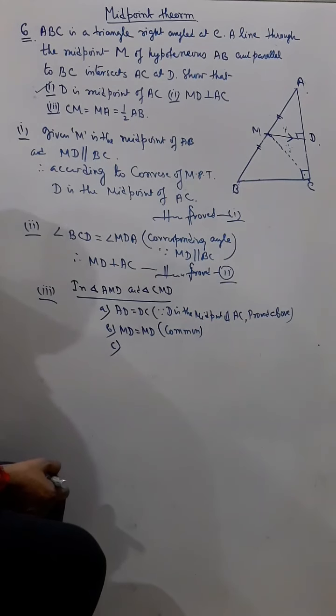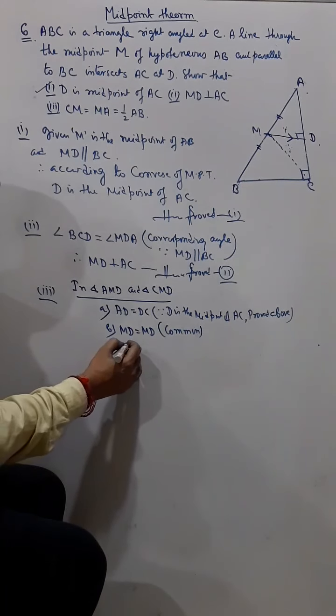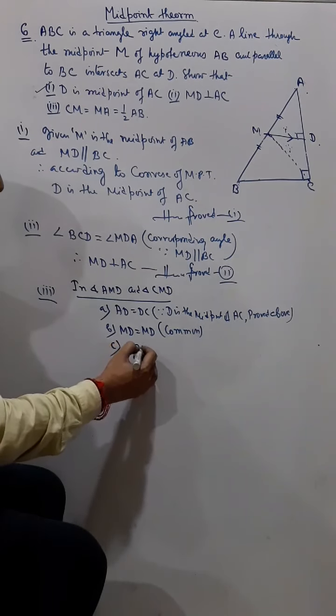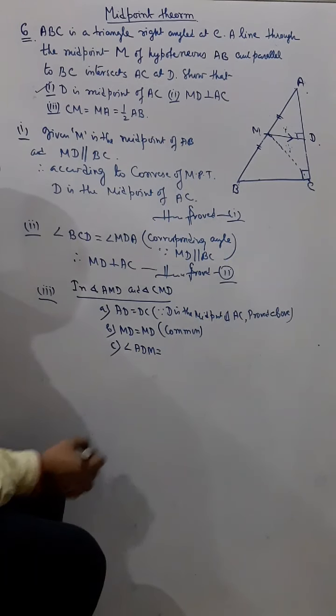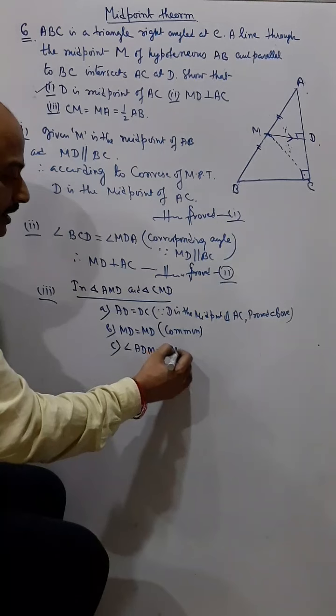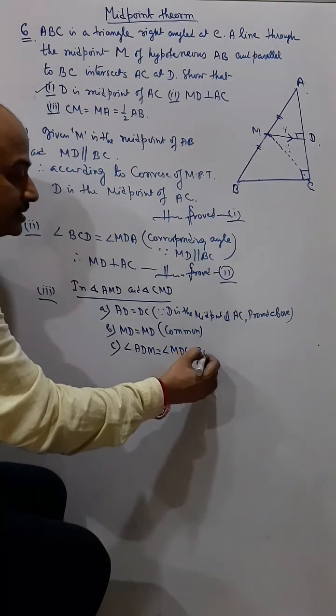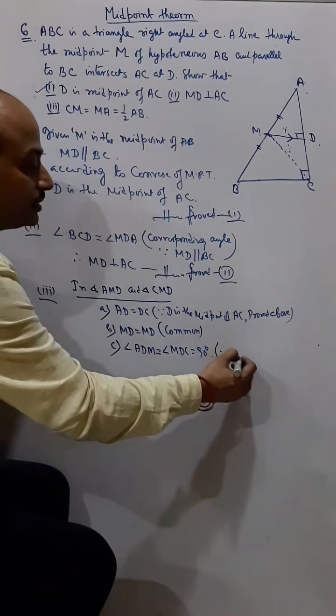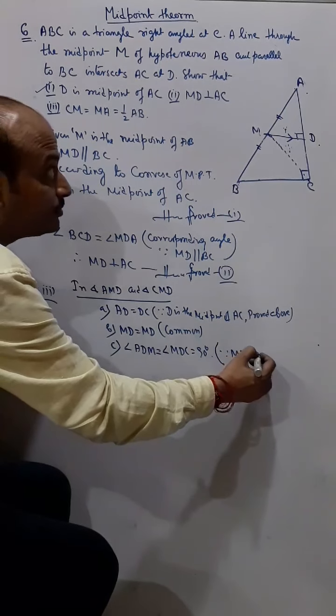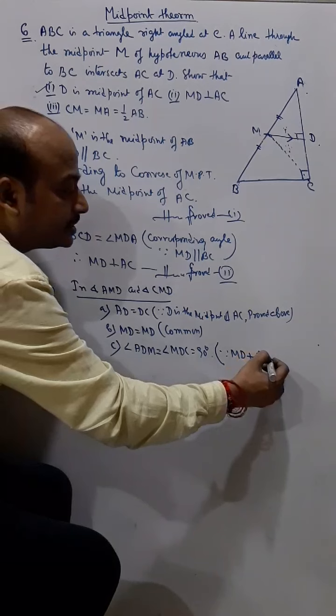And number C, angle ADM equals angle MDC. Angle MDC is equal to 90 degrees. Why? Since MD is perpendicular to AC, and that is also proved above.